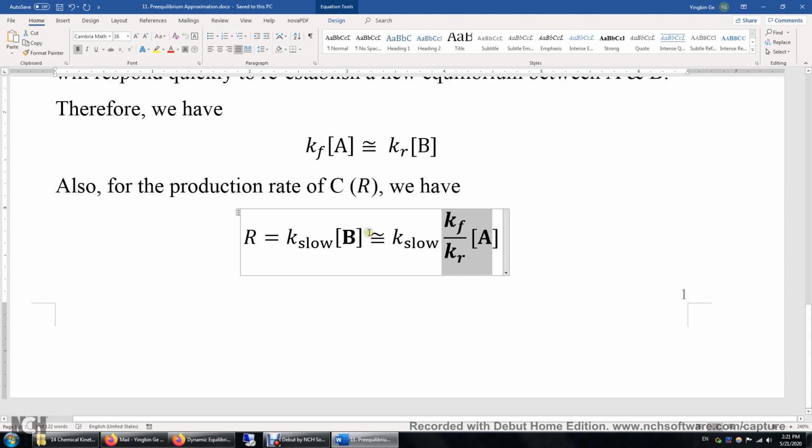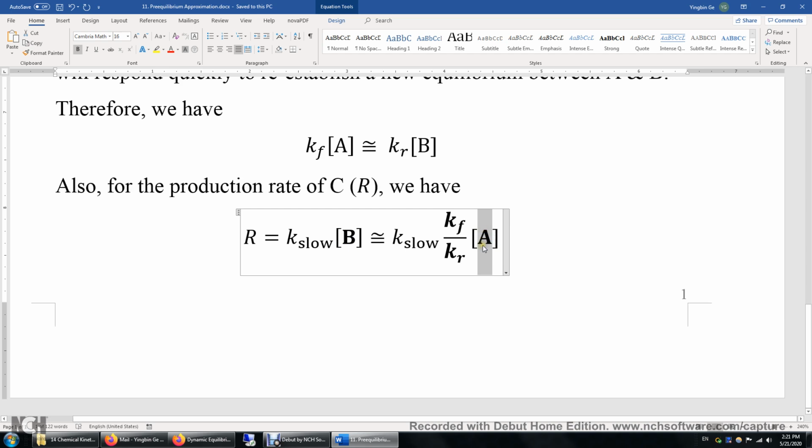Well, it's only because sometimes it's easier to keep track of the concentration of the initial reactant A. B is actually in between. B is between A and C. So sometimes it's easier to just know the concentration of A.